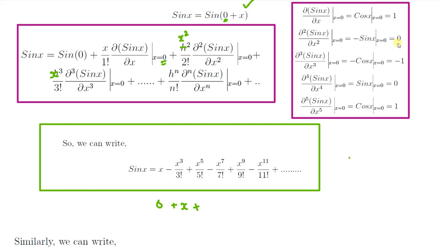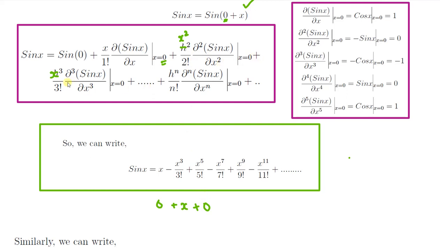So this term becomes 0. x squared by 2 factorial into 0 becomes 0.